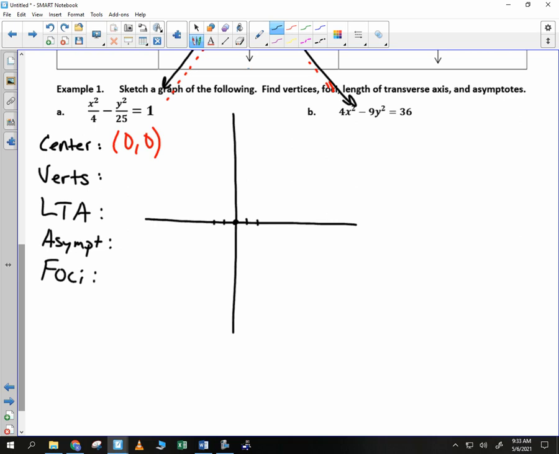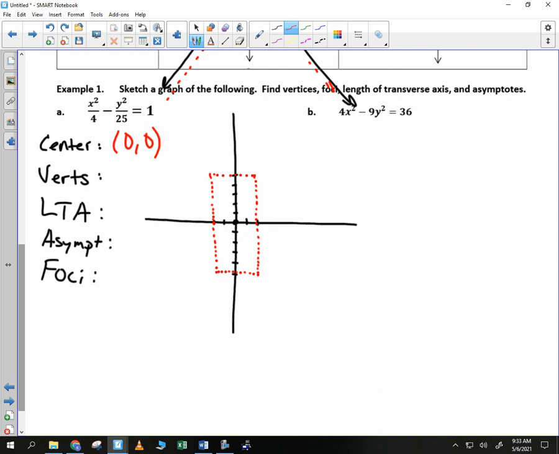How many units do I go in the Y direction? 5. There's the box.